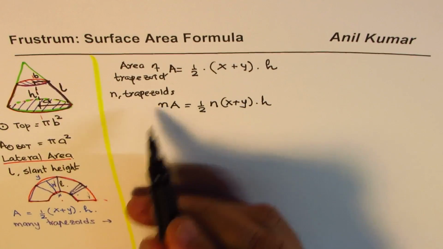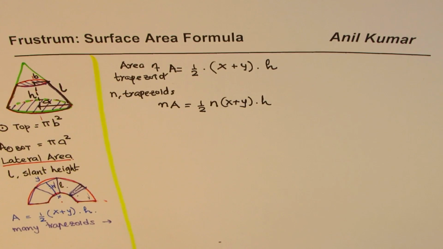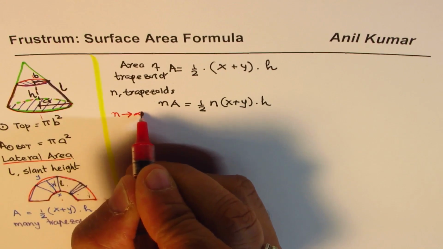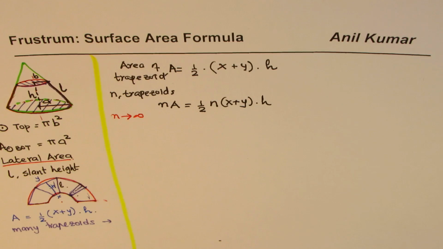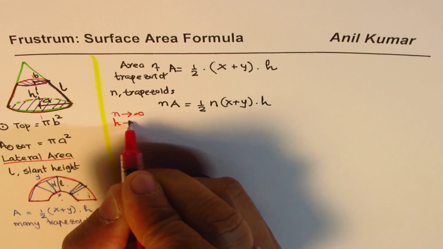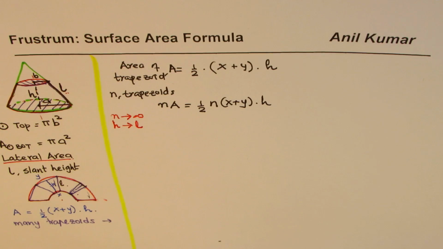Now, if my number of trapezoids increases, as you've seen here, what happens? As n increases, let's say very large, we are saying infinity is a very, very large number. In that case, the height of the trapezoid becomes closer and closer to our slant height, which is L. Is that okay?